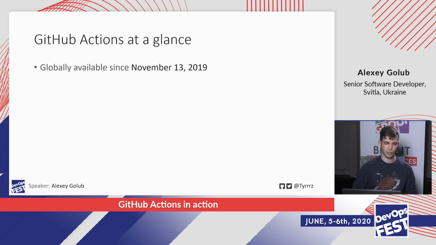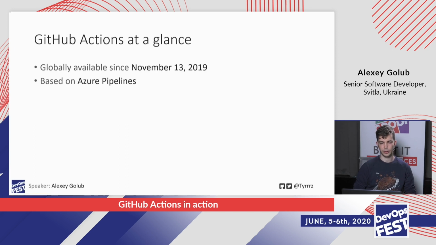And what globally available means is that if you're in any country or work in any project, you can access this piece of functionality in GitHub, and you can use it. There are no limitations whatsoever. As you know, GitHub usually releases new products in a limited fashion, distributed across different countries first. And GitHub Actions is already globally available, so you can use it today.